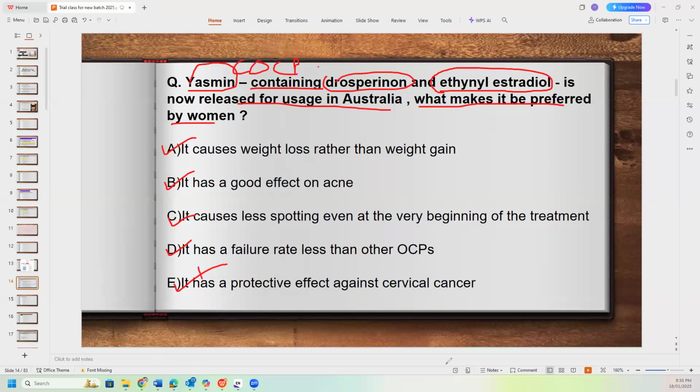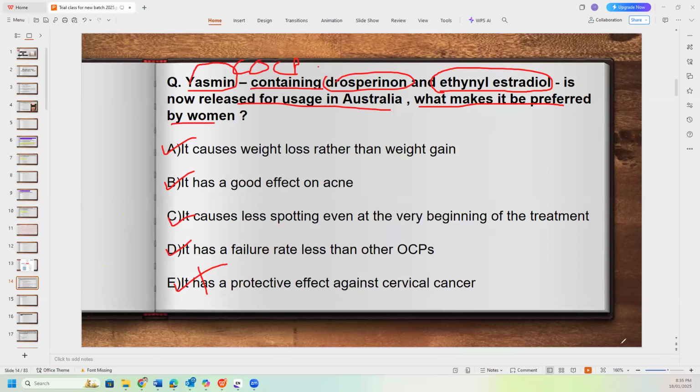It has protective effect against cervical cancer. Oral contraceptive pills do not have protective effect against cervical cancer. They increase the risk of cervical cancer and decrease the risk of endometrial cancer, ovarian cancer, and colorectal cancer. So OCPs decrease the endometrial cancer risk by about 30%.